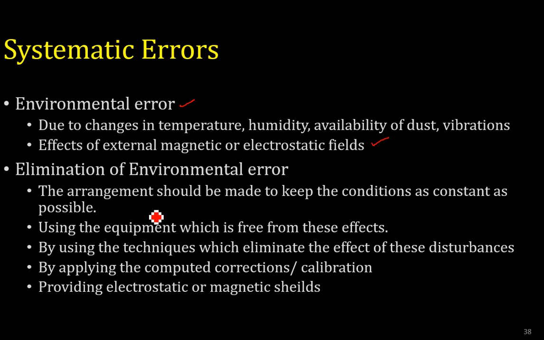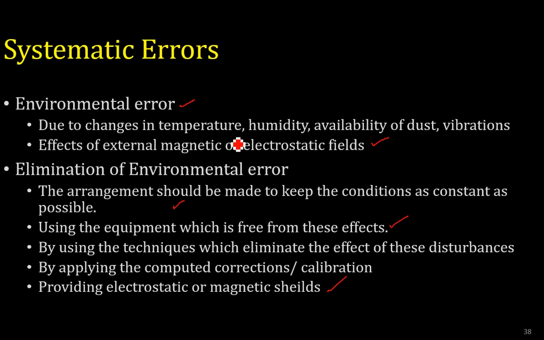Now you can provide some arrangement to keep the environmental conditions as constant as possible. And you have certain instruments which are free from these effects. You can provide electrostatic shielding or magnetic shielding. Okay, and you can use an instrument which has no temperature effects or minimum temperature effects.